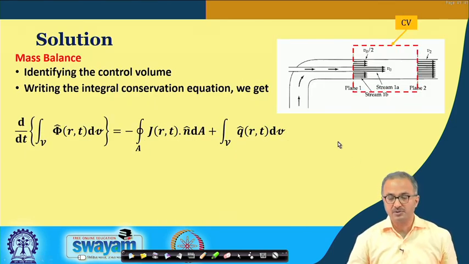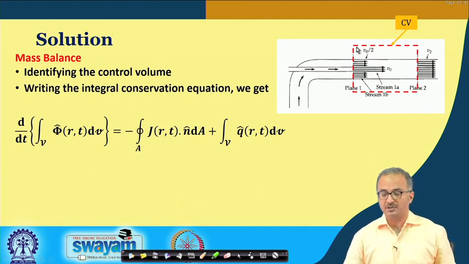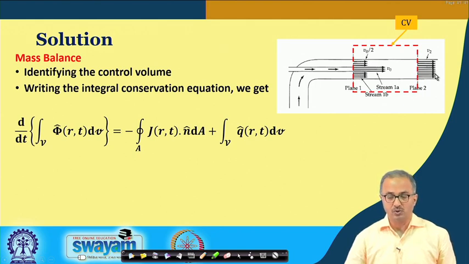First let us look into the mass balance. For that, first we need to select the control volume. We select the control volume in such a manner that it encompasses both plane 1 and plane 2, and fluid goes in at plane 1 and goes out at plane 2.